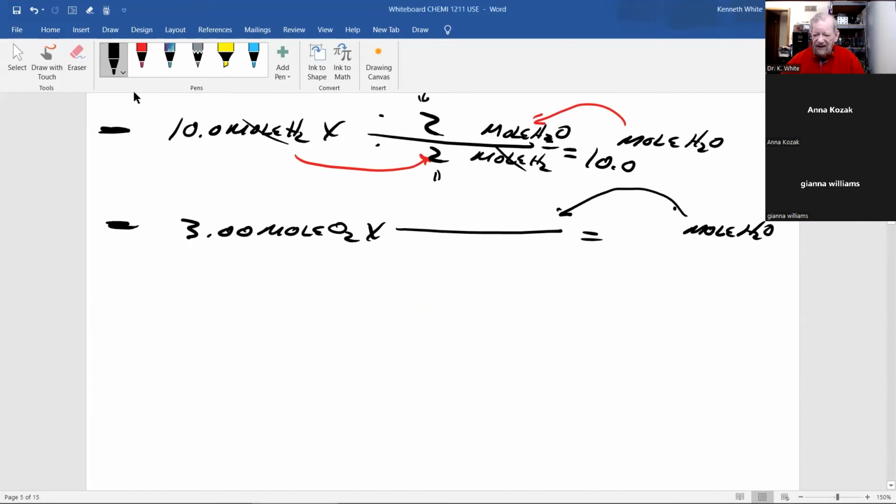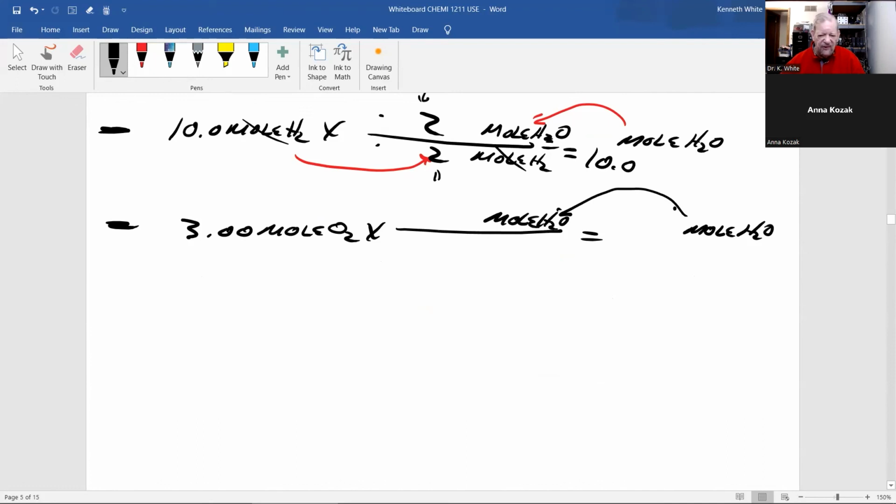All right, whatever I'm trying to get to unit-wise for the second calculation goes on top. And whatever we're trying to get rid of, moles of oxygen, goes underneath. And you can't see it. Let me rewrite it. From the balanced chemical equation, 1 mole of oxygen makes 2 moles of water.